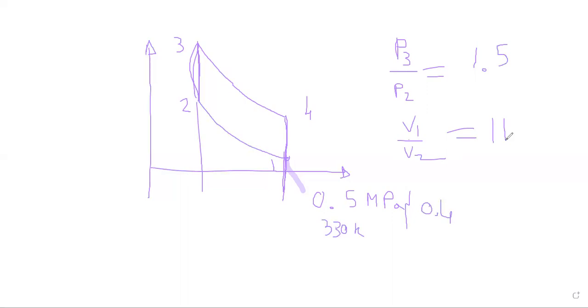They also told us that we can take air as an ideal gas, and we can consider the value of K for air to be 1.4. Now, in the first question, they asked us to draw the combustion cycle, and this is what we already did.